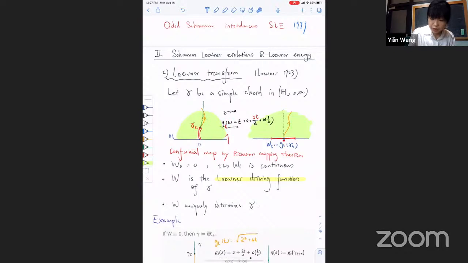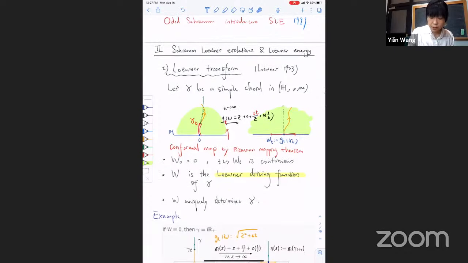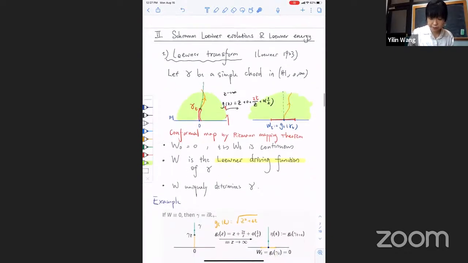And the tip will be sent to some point on the real line, and the image is called W_t. Now this is a continuous function starting from 0, and as a function of t, this is called the Loewner driving function of gamma. All right, if you have a curve, you can write down this real function W.